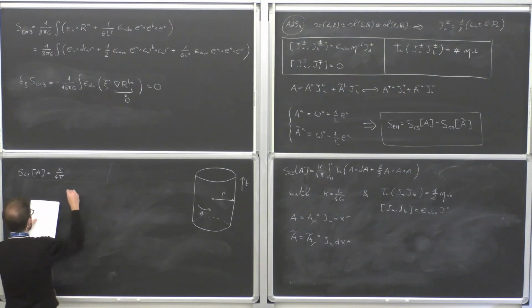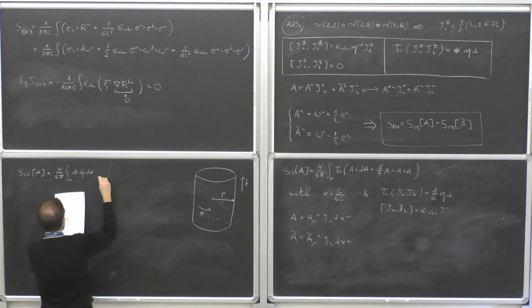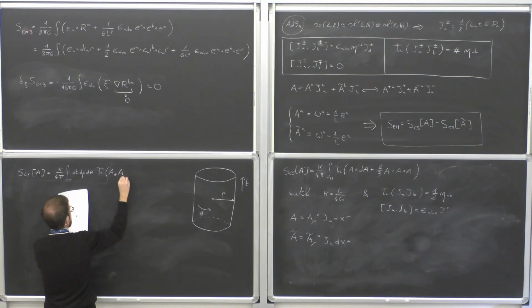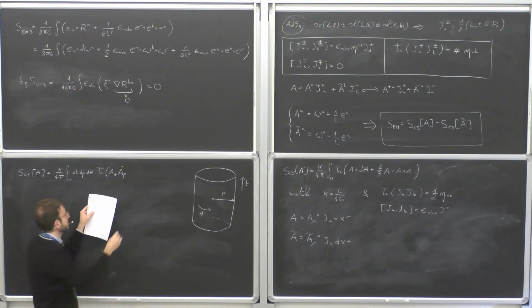But if I do this, then I can rewrite the action in this particular form, dt d rho d theta. Well, I keep the trace, of course, which is important. A rho, and this dot is just a derivative with respect to time.